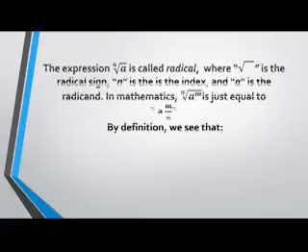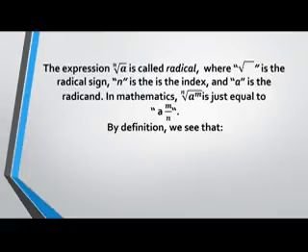So let's start. The expression nth root of a is called a radical, where the square root sign is the radical sign, n is the index, and a is the radicand. In mathematics, the nth root of a raised to the power of m is just equal to a raised to the power of m over n.